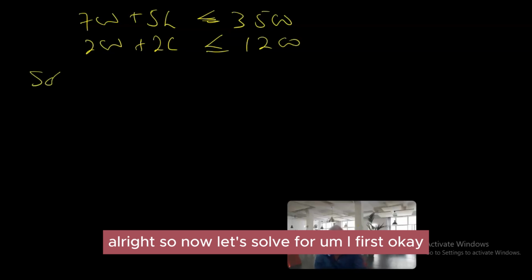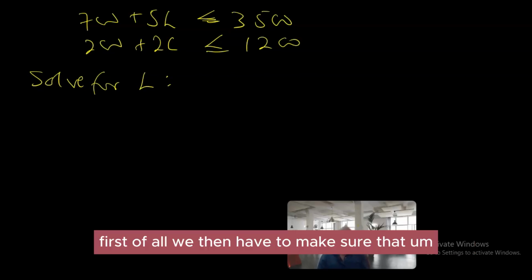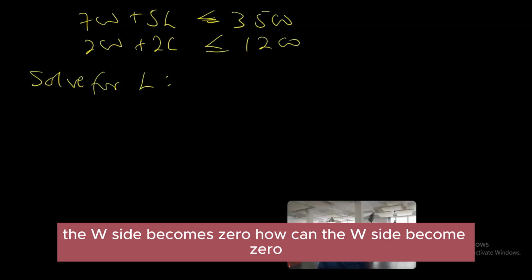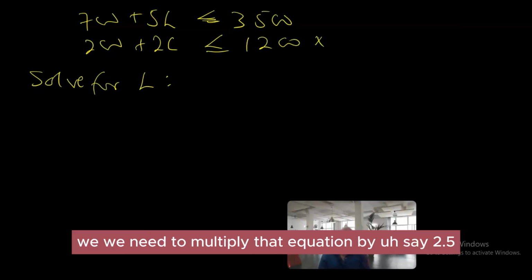Now let's solve for L first. How are we going to solve for L? First of all, we have to make sure that the W side becomes 0. How can the W side become 0? We need to multiply that equation by, say, 2.5.